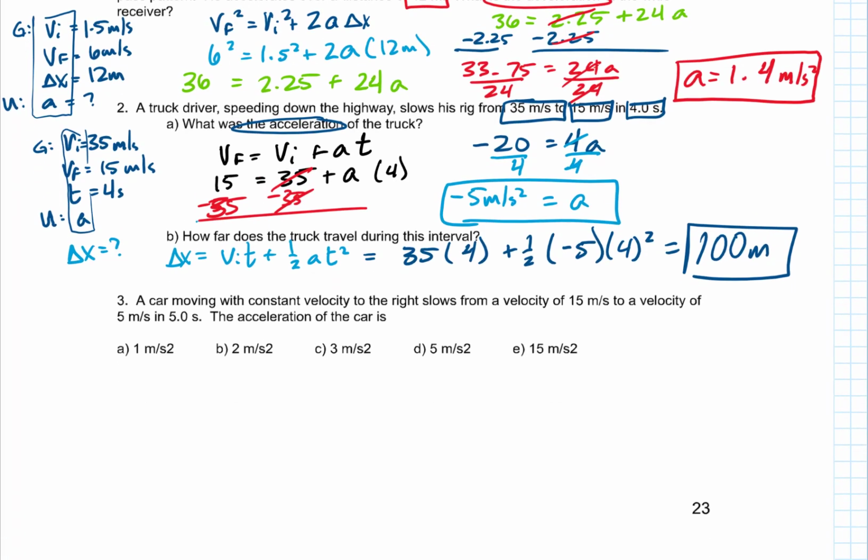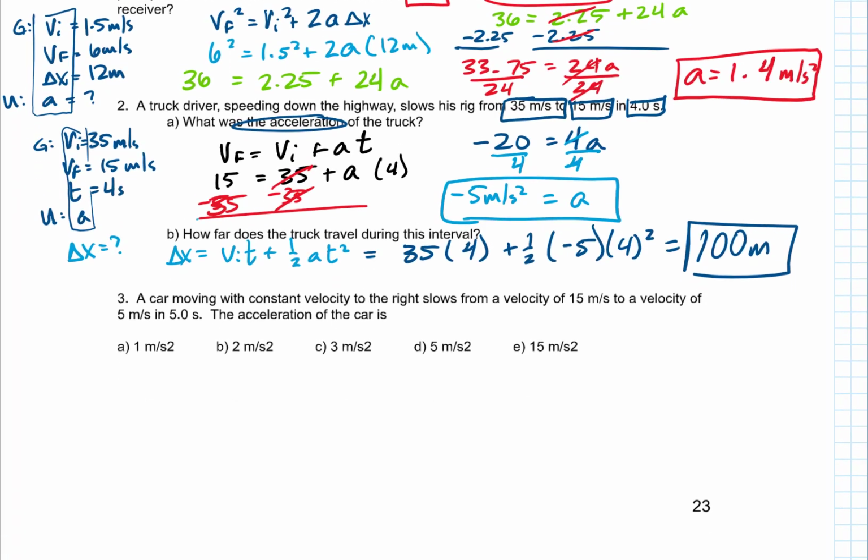Number 3, a car moving with constant velocity to the right slows down from a velocity of 15 meters per second to a velocity of 5 meters per second in 5 seconds. What's the acceleration of the car? So my givens are that the initial velocity is 15 meters per second.